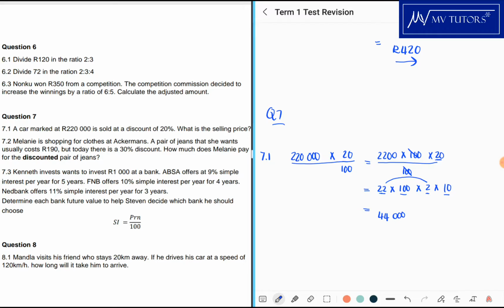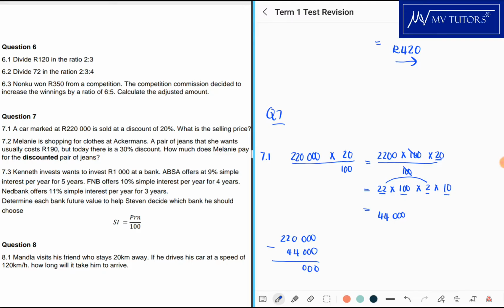Okay, it's 44,000. So now what is the selling price? So basically, I have 220,000 and I need to subtract 44,000 in order to get, because I have a discount, 20% discount. So the discount is 44,000. All right, so what am I left with? 0 minus 0 is just 0.